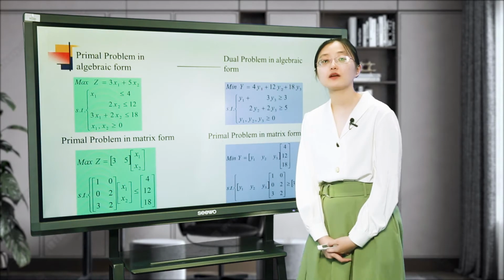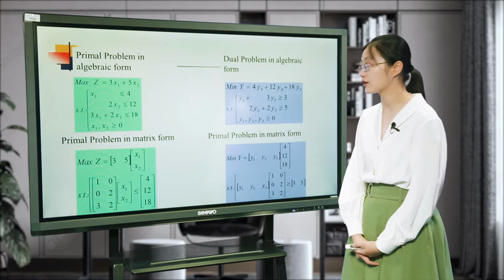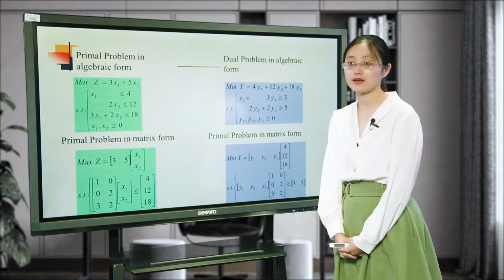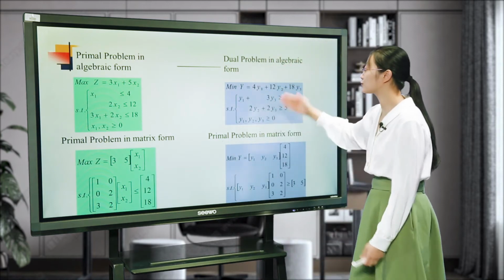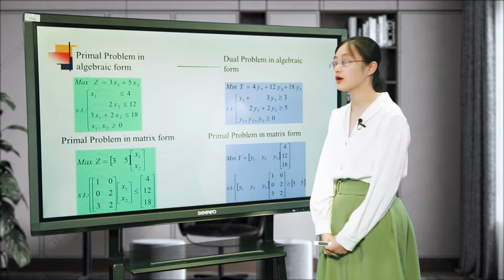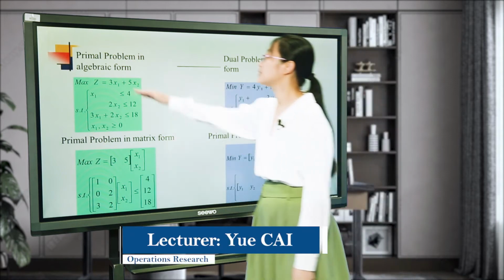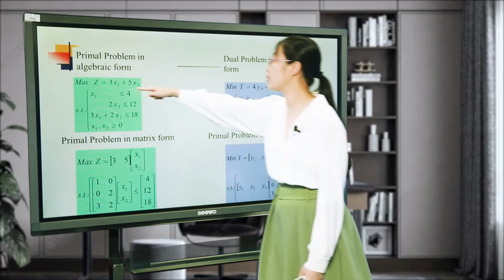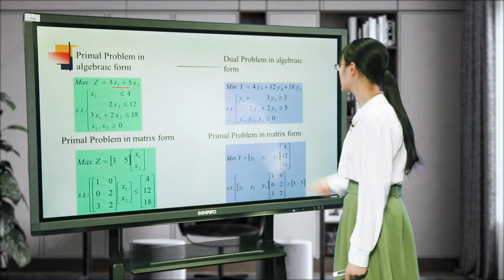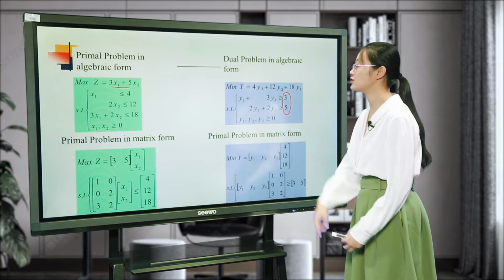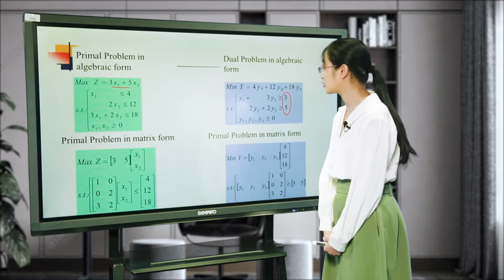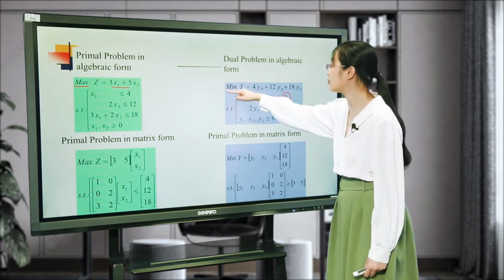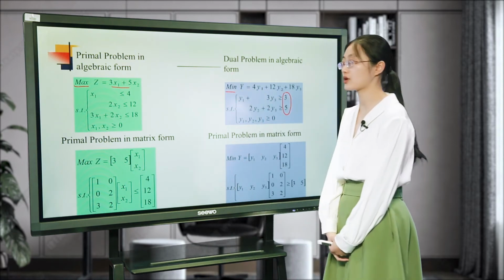So if we compare these two models we saw earlier, this is the primal problem from the company's point of view. This is the dual problem from the factory's point of view. We see that the coefficients in the objective function in the primal problem are actually the right side of the constraints for the dual problem. And one is the maximization problem, the other is the minimization problem.